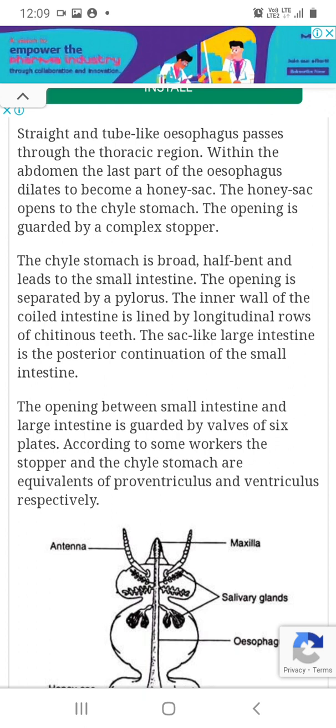Now the hindgut comprises of rectum, which I have told you is constituted by thin wall. It is lined by cuticle.